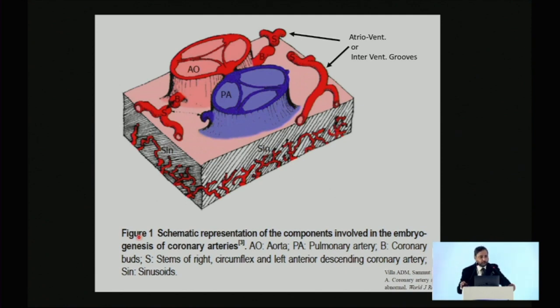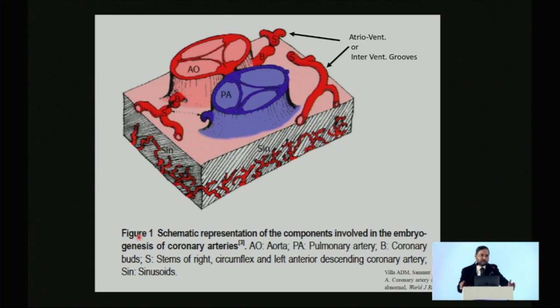One is the sinusoids that develop in almost the first week of intrauterine life. Most of them are absorbed in the later phase of intrauterine development, but a few remain as part of the microcirculation of coronary arteries, and they fuse with what are called the stems. These stems are the body of the coronary arteries, and there are three stems for circumflex, LAD, and RCA.